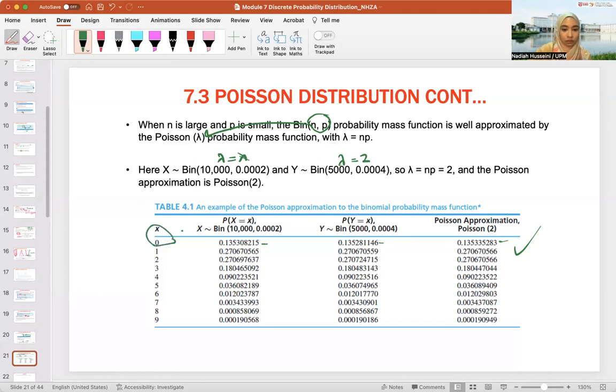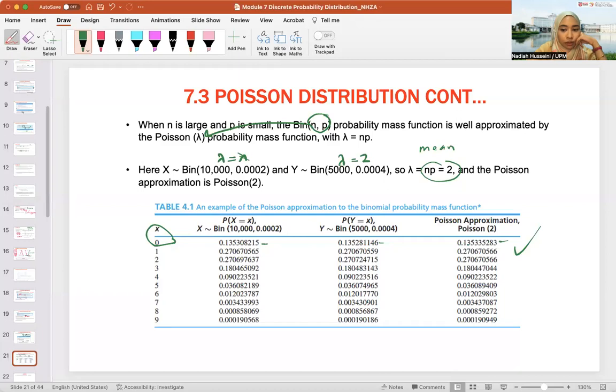This is our np, which is our mean. Only 2 things are required here: 0 and 2, and we are trying to find the probability mass function, so it should be false. So X is equal to 0, mean is 2, and false. Can X be 0? Let's see, 0.1353. So let's see if we got the same answer.